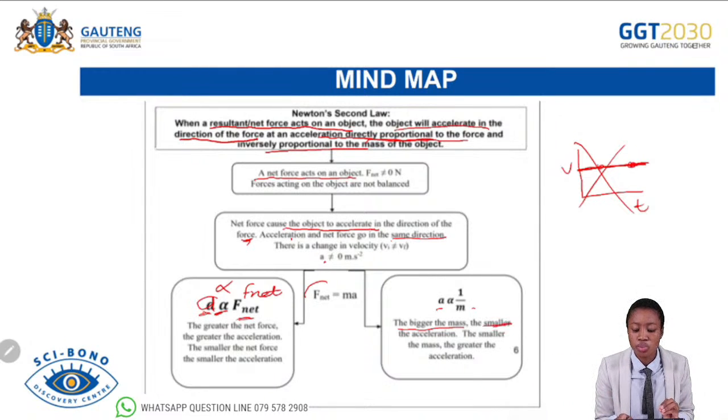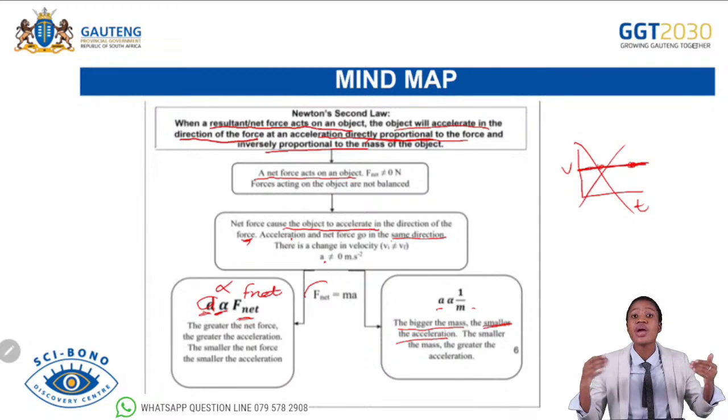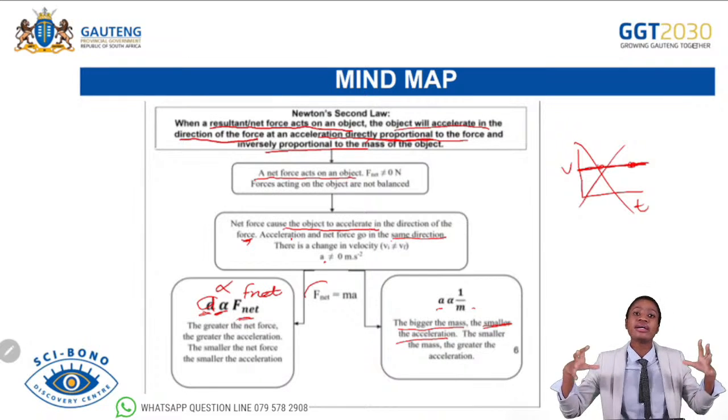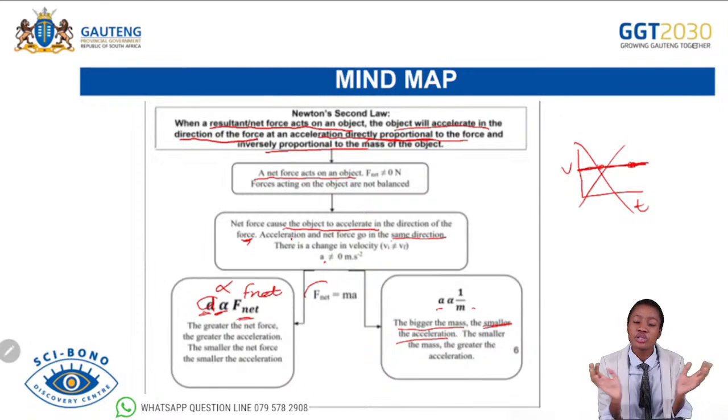It will be smaller. And the opposite is true also. The smaller the mass, what happens? The greater the acceleration. Think of it like this. If the mass is big, it's heavy, so it finds it very difficult to accelerate. But if the mass is smaller, it finds it easier to accelerate.